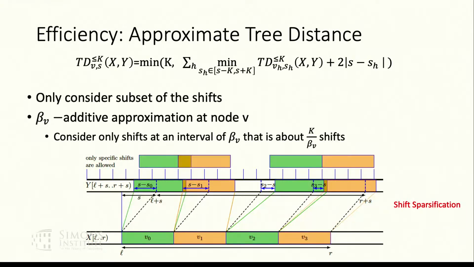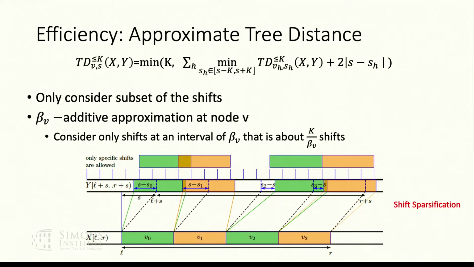If the optimal wanted to select this shape, I'm not considering this one, but I'm considering something nearby within plus minus beta v. So I'll be paying that here. So we will be off by plus minus a constant times beta v. So we will be considering about k over beta v shapes to get a beta v additive approximation.